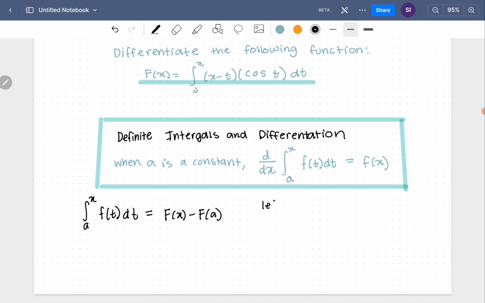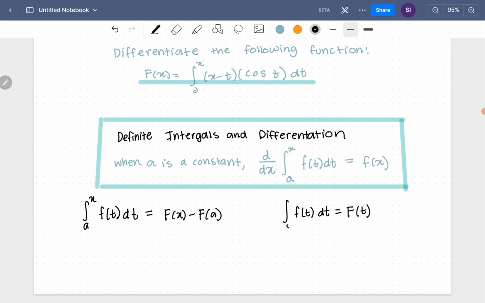Basically, essentially what it's saying is that the integral of f of t with respect to t is F of t. That's basically what it's saying.